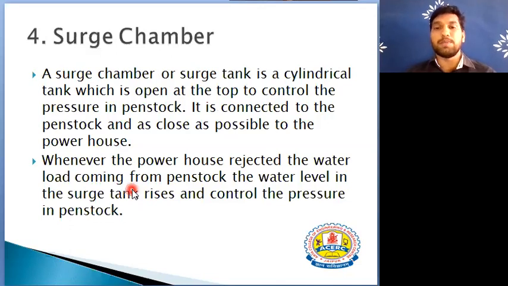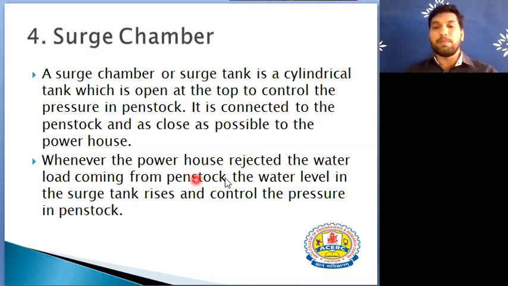A surge tank or surge chamber is basically a cylindrical tank which is constructed in between the penstock and which is open at the top to control the pressure of water which is generated due to the water hammer. So there will be no problem if the gate of the turbine is suddenly closed. There will be no problem with the backflow of water, as the water will rise into the surge chamber.